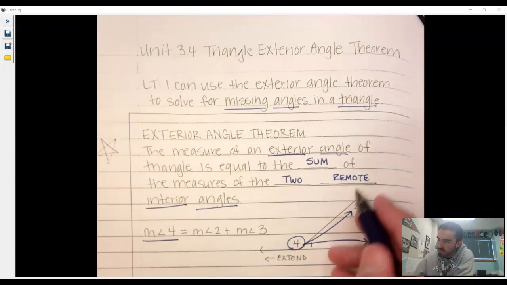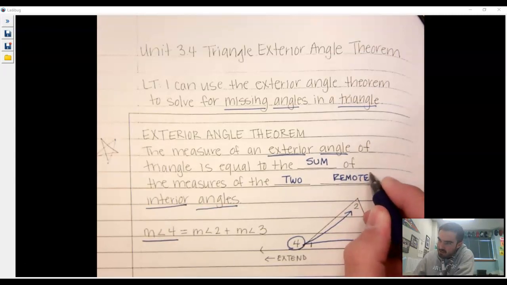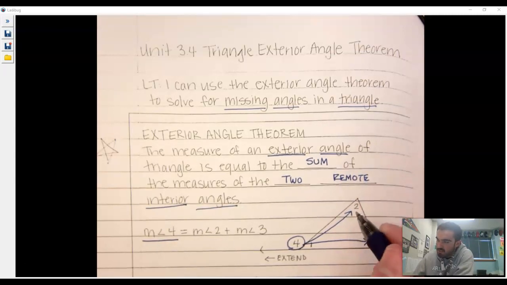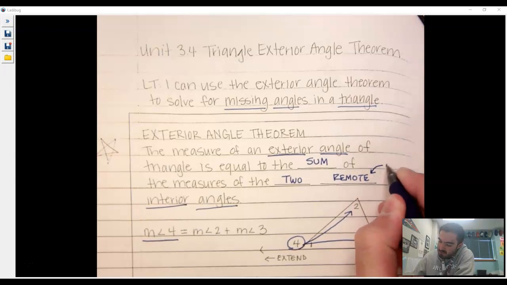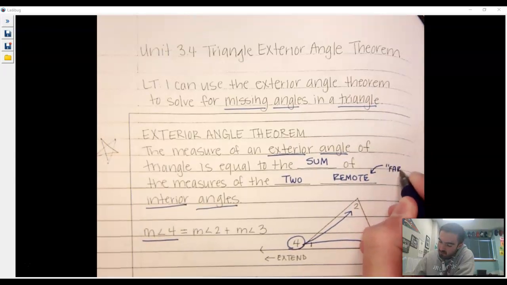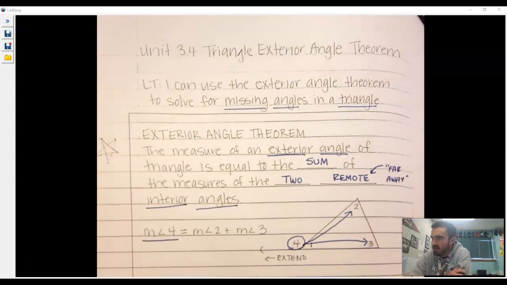So if you have a remote control for your TV, that means you are using that remote control to turn off or on the TV or change the channel from far away. So these two angles are far away from the exterior angle. It's not this one that's close to it.